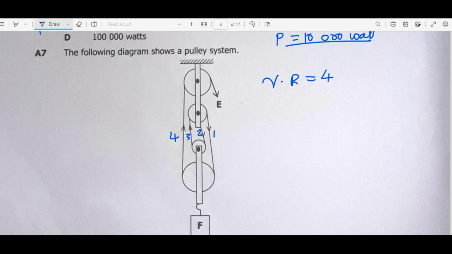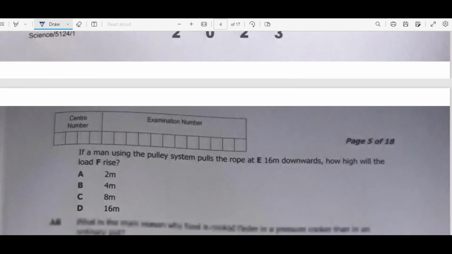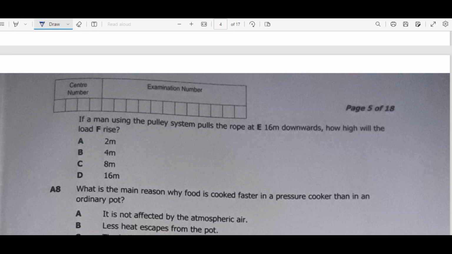Or if you want, you can just count these pulleys. 1, 2, 3, 4. So how can we use velocity ratio to find the distance moved by the load? The distance moved by the effort we are given, then the distance moved by the load is what we are calculating.